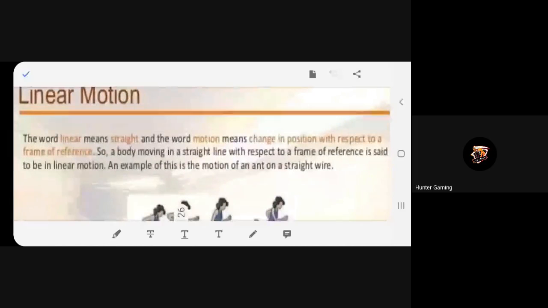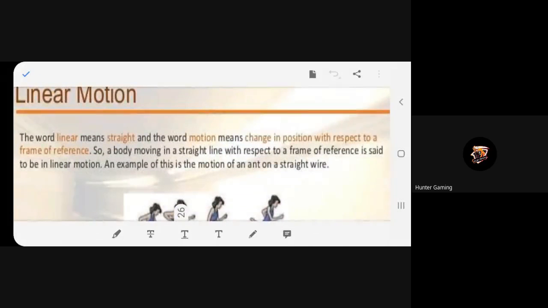Linear motion. The word linear means straight and the word motion means change in position with respect to a frame of reference. So a body moving in a straight line with respect to a frame of reference is said to be in linear motion. An example of this is the motion of an ant on a straight wire.